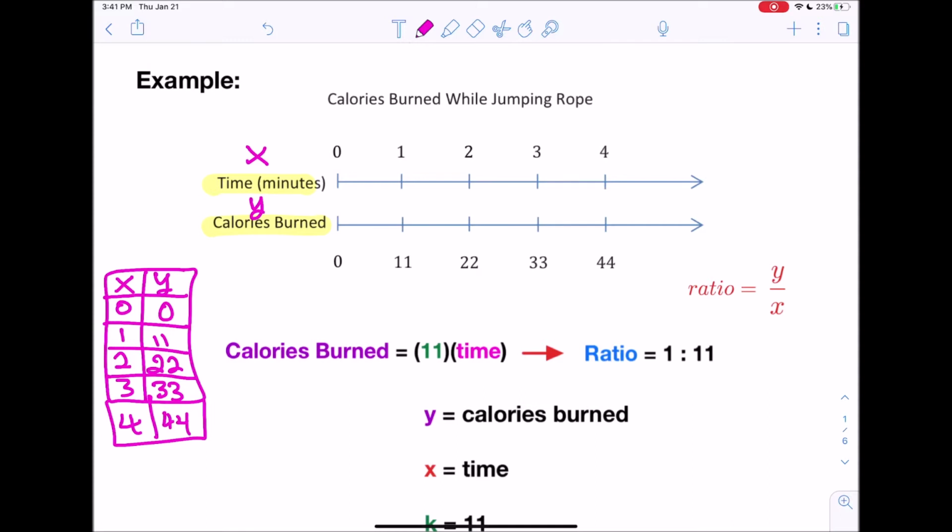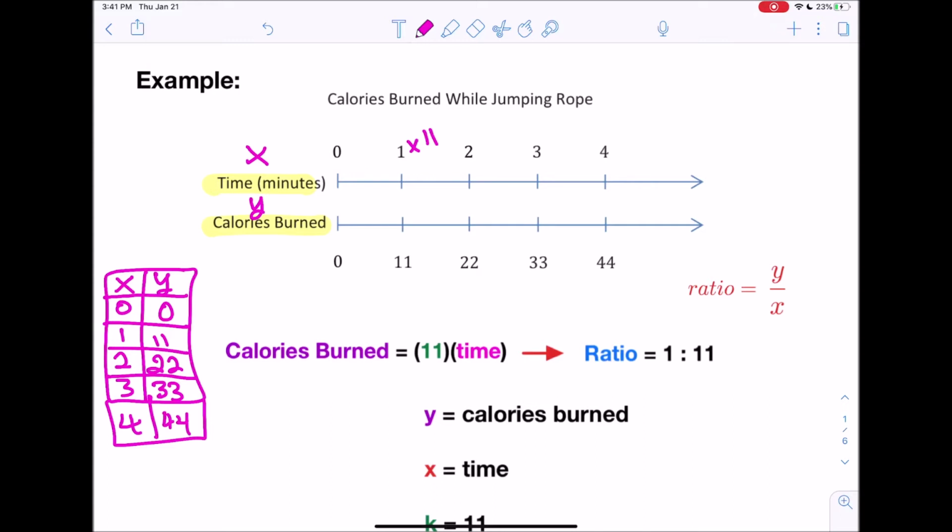Looking at this table, x is 1, and somehow 1 got changed to 11. It went from 1 minute to 11 calories burned. So what did we have to do to that 1 to make it turn into an 11? Well, 1 times 11 equals 11. That works. Let's go ahead and try it for the other numbers.